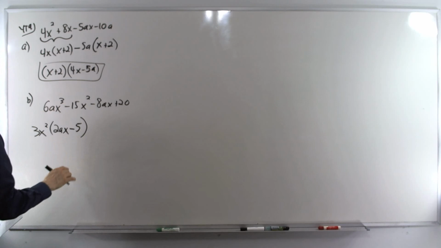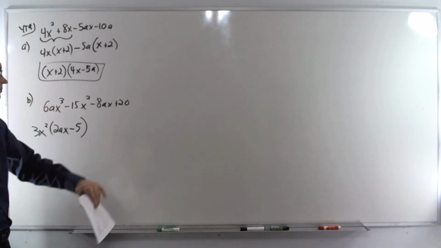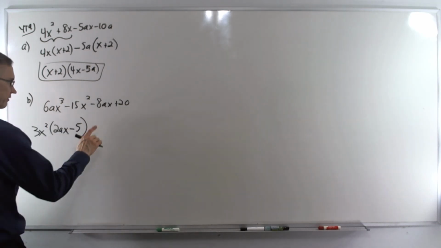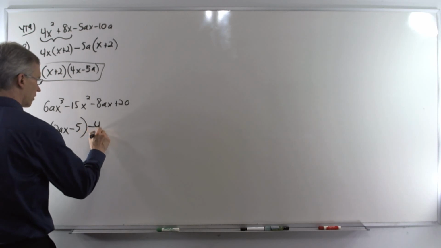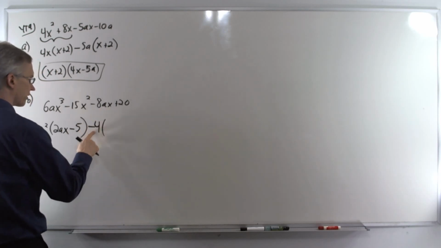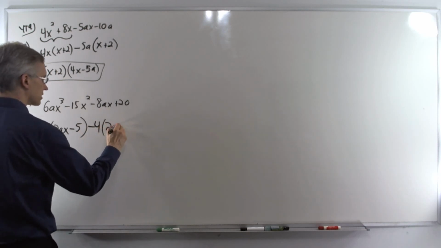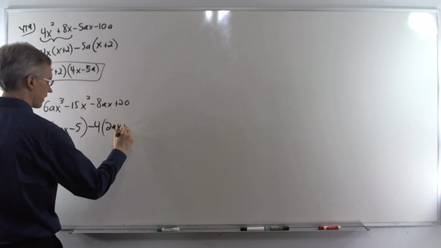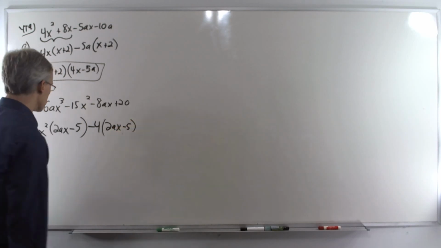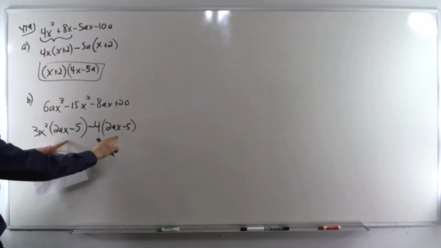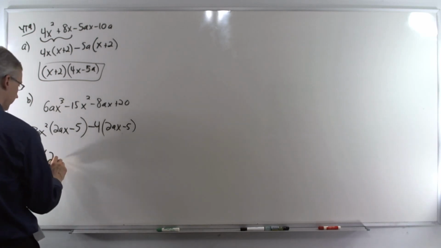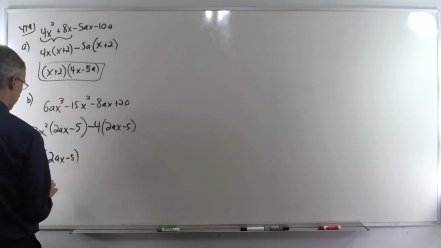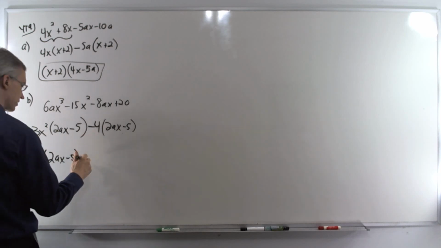Now we want to match 2ax minus 5 over here. So that means we're going to have to factor out a negative 4. Negative 8ax divided by negative 4 is 2ax, and 20 divided by negative 4 is negative 5. So now we've got our matching binomials. Now we'll factor this out. Bring that up front, 2ax minus 5, leaving behind 3x squared minus 4.